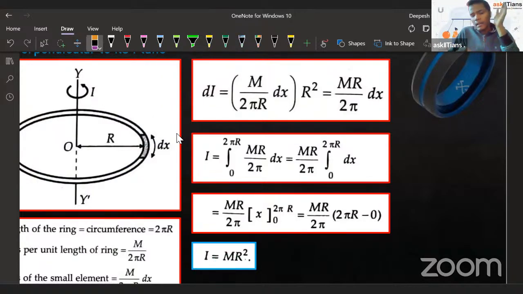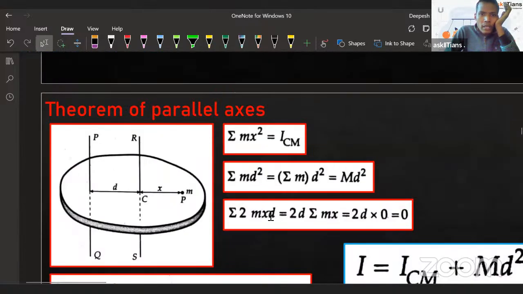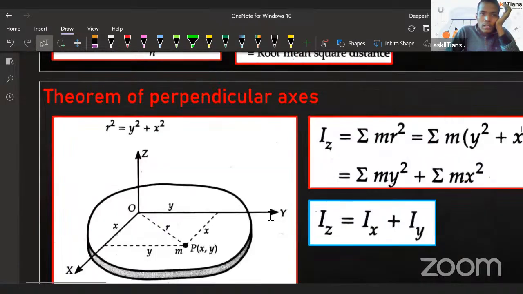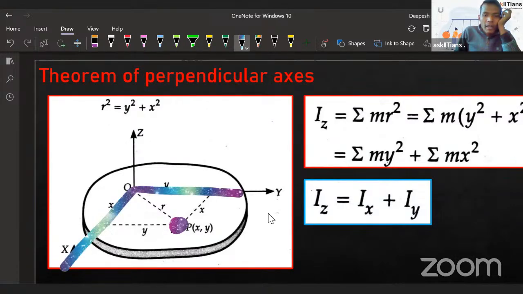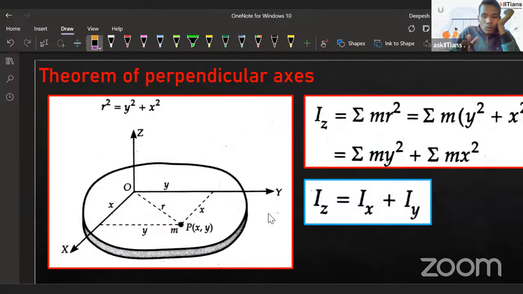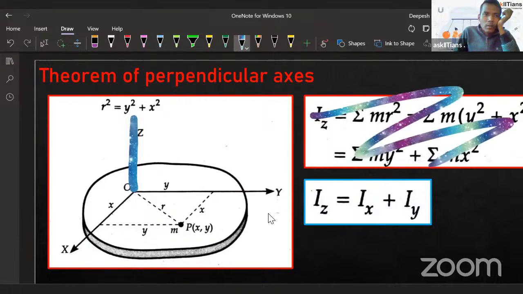That's it. But now the two theorems I was talking about. The first theorem is the theorem of perpendicular axis. What is it useful for? Imagine there is a point P whose moment of inertia I know with respect to the x-axis and the y-axis, because it is y distance and x distance away from the respective axes. If we already know this, then I can easily calculate the moment of inertia along the z-axis. Ignore the derivation, not required for now.